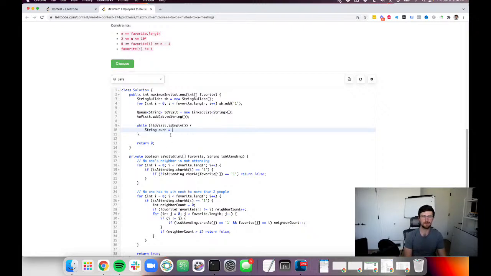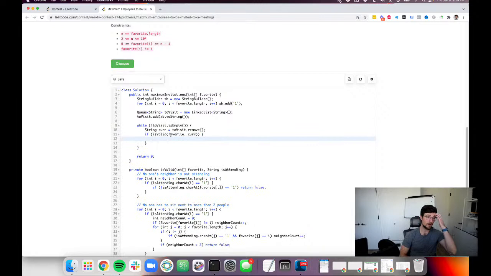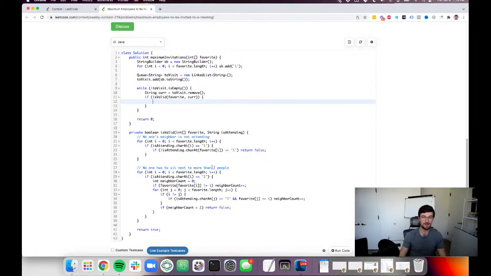String cur equals toVisit, we're going to get the first value from the queue, and then we're going to see, is this valid or not, right? So if isValid(favorite, cur), then to get the number of people that we need to remove, we just need to count the number of zeros in our string. So I'll add that.